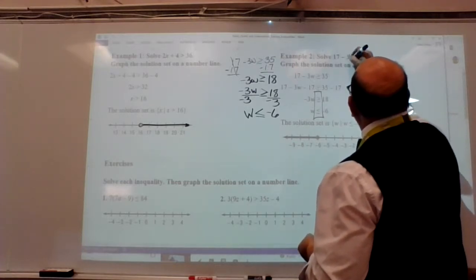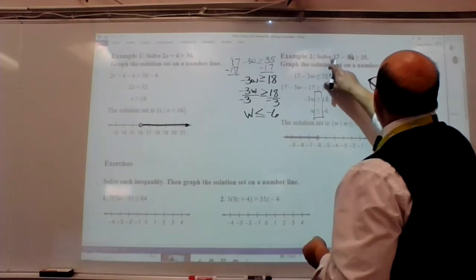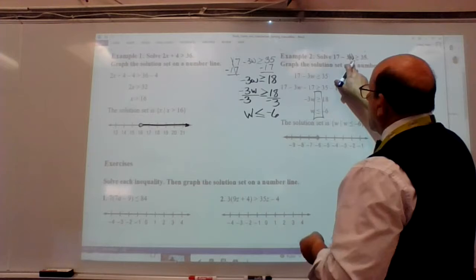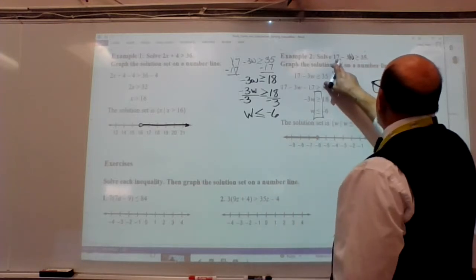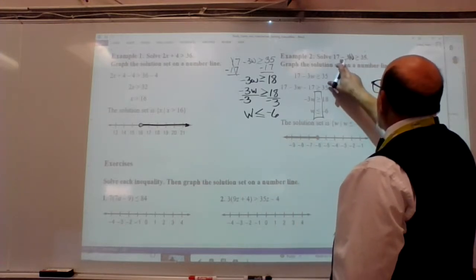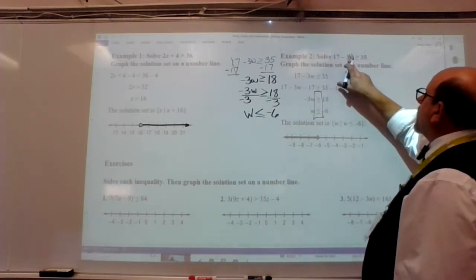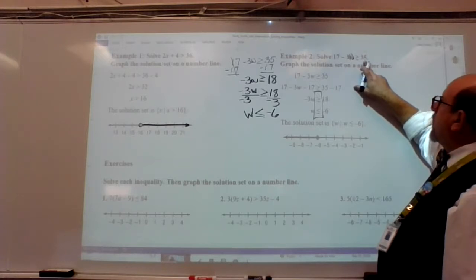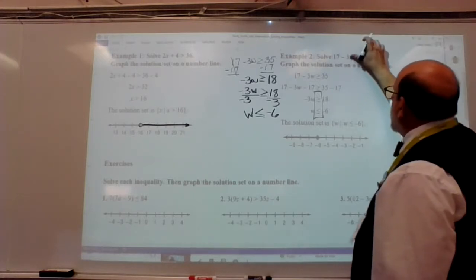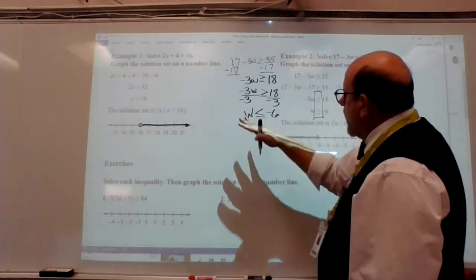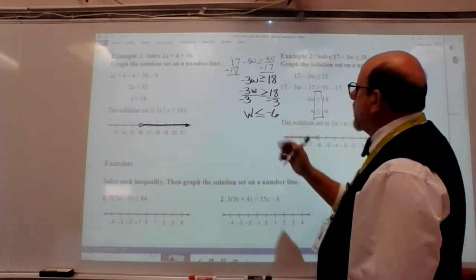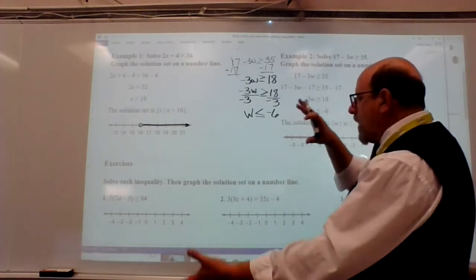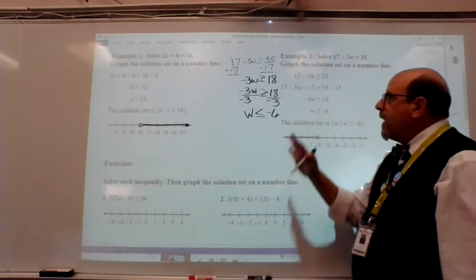So if I put a 1 here, and I do the math, 17 minus 3 times 1 is 14, right? So if I didn't move the inequality symbol and left it alone, I would be wrong. Because 17 minus 3 is not greater than or equal to 35. So the only way to make this work is to flip the inequality symbol. It's the only way. When we multiply by a negative, we have to flip it, and it makes it work.